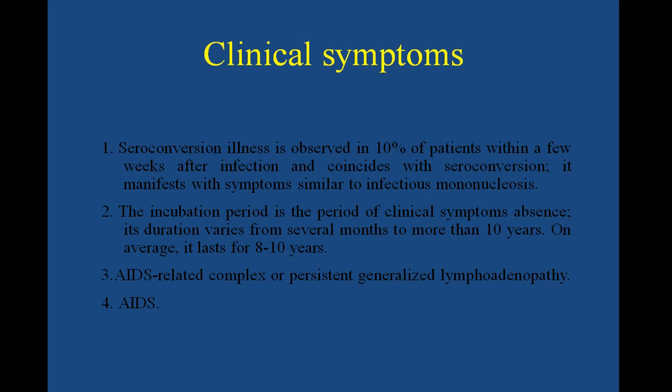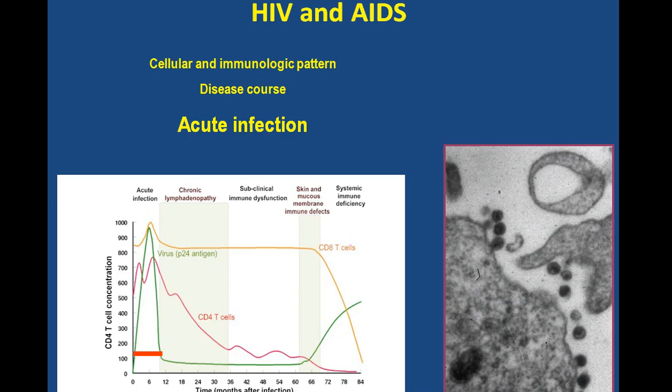Its duration varies from several months to more than 10 years. On average, it lasts for 8-10 years. Then comes AIDS-related complex or persistent generalized lymphadenopathy, and at last AIDS.